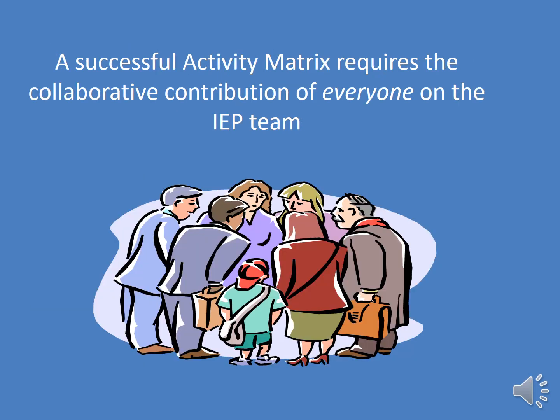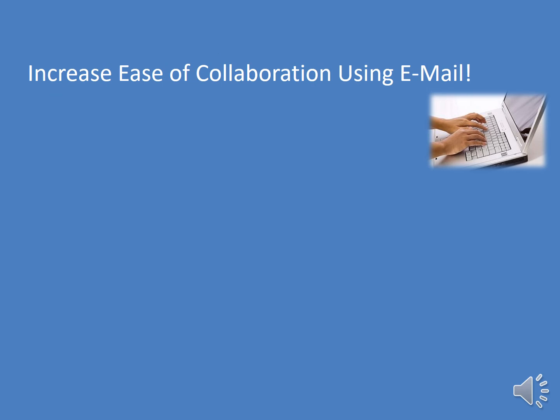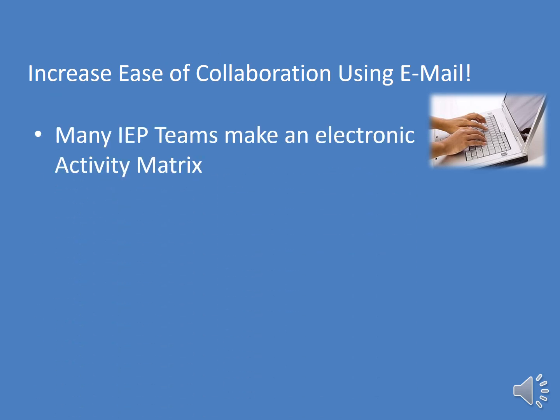So as we mentioned, the activity matrix requires that everyone collaborates, everyone on the IEP team has a role in contributing to the matrix. We recommend collaborating using email because we know it's hard for IEP teams to get together on a regular basis.